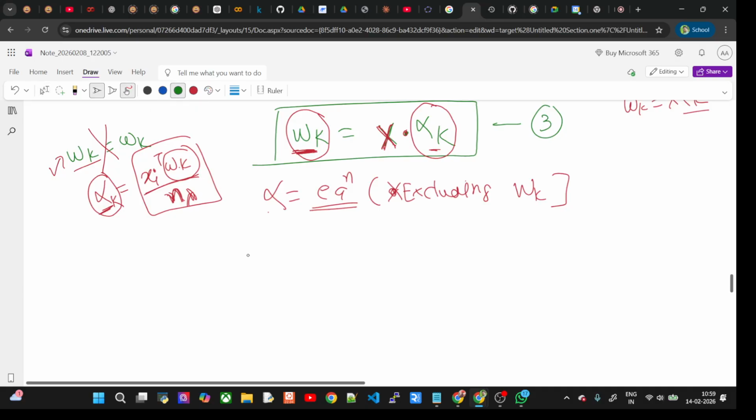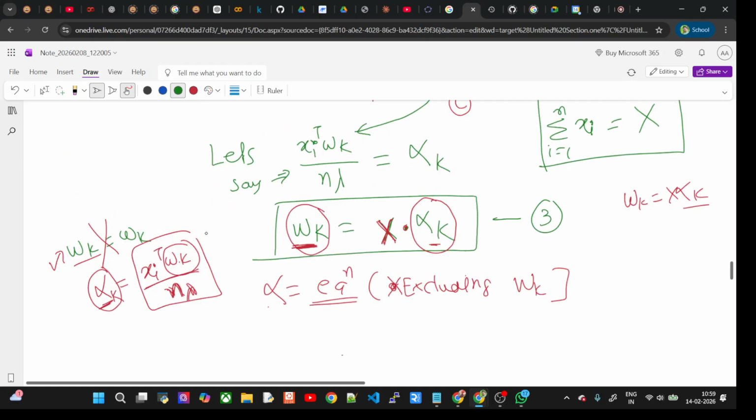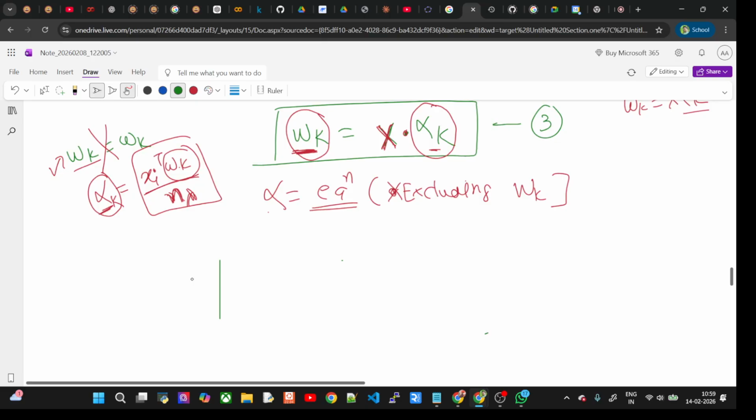Alpha k has some meaning, I'll tell you. It is actually an eigenvector. I'm just trying to write this down. Okay, now it's running.